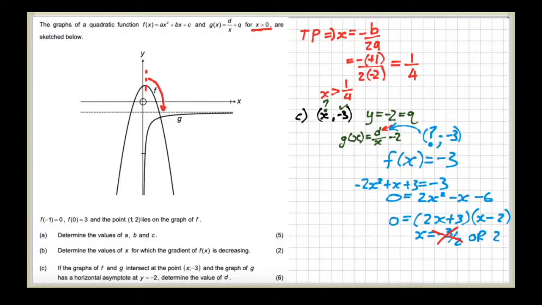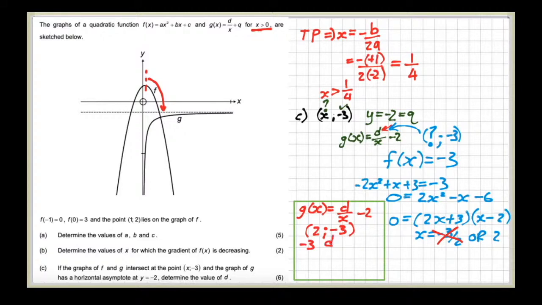Let me do a separate section here. I have now that g(x), which is d over x - 2, passes through (2, -3). So I'm going to substitute y with -3, and x with 2, and solve for d.